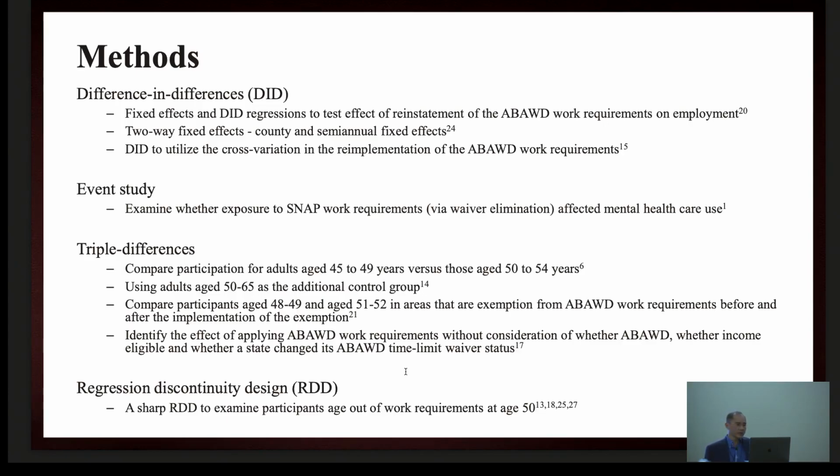And then there's a few studies that have used triple differences comparing adults age 45 to 49, which was the older age limit, right, to those age 50 to 54, and also using 50 to 65 as an additional control group. Another study used regression discontinuity, right, to examine the effect of participants aging out of work requirements at age 50.